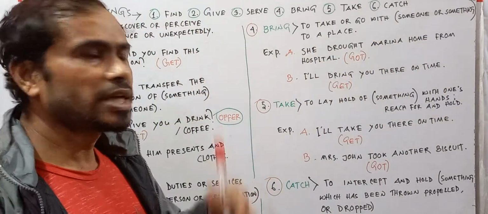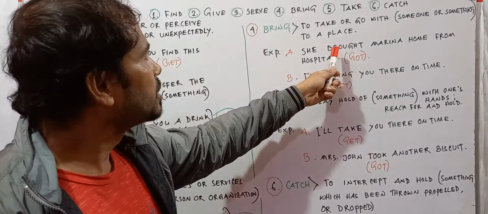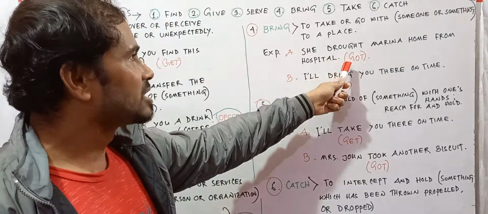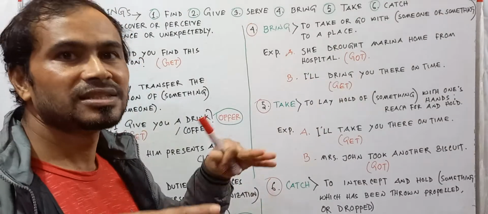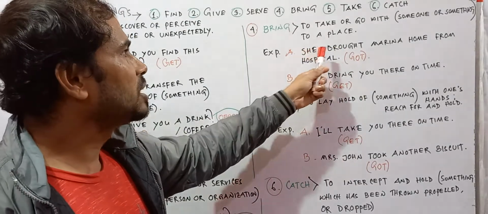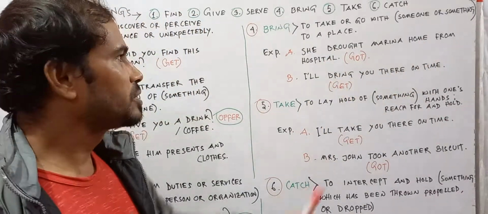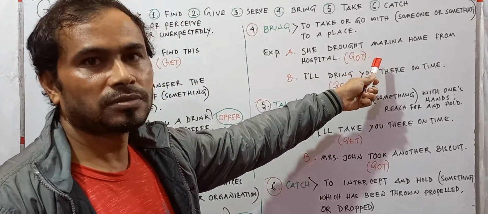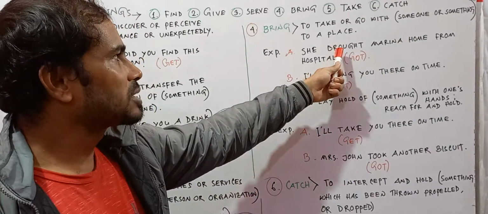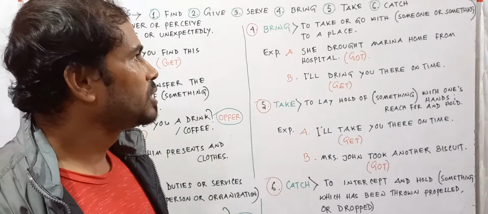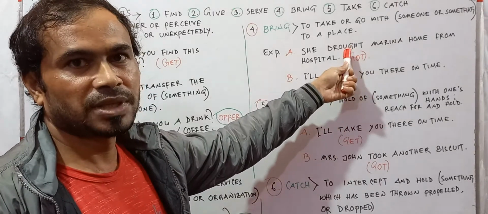Instead of using bring, we have to use get in this statement. So the sentence is she got Marina home from hospital. Here you see got is a past form because brought here is a past form. That's why we have to use got in this statement as a verb.